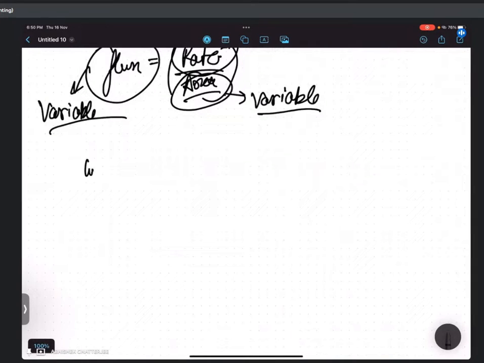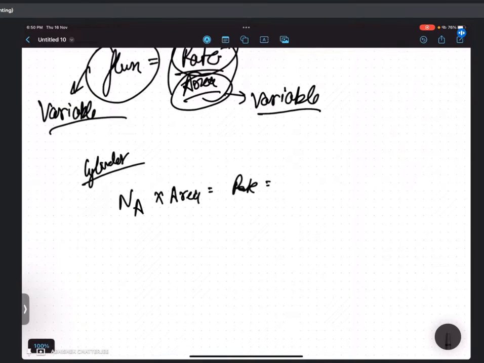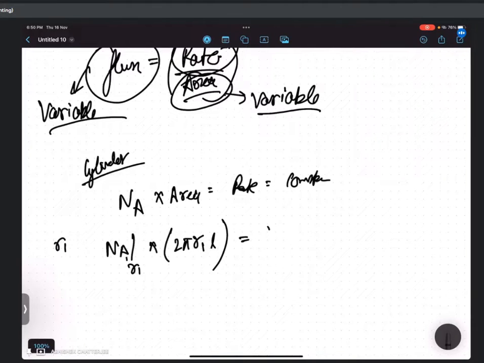Let us consider the case of cylinder only. So for cylinder, suppose we take Na into area. That is your rate, and this is equal to constant. Let your Na at radius 1 be Na1, and the area is 2 pi r1 l. So this will be equal to constant, no?